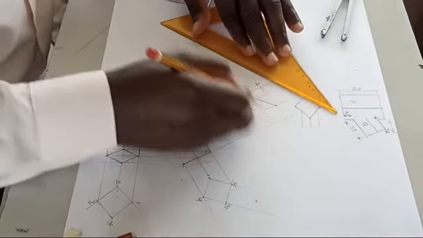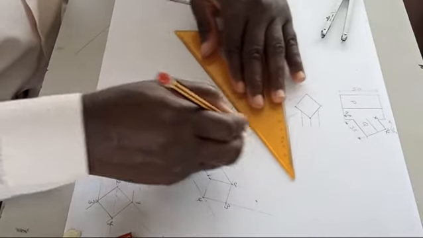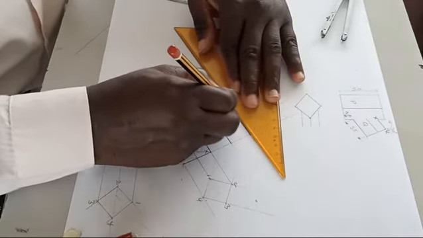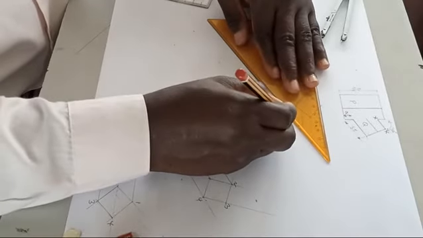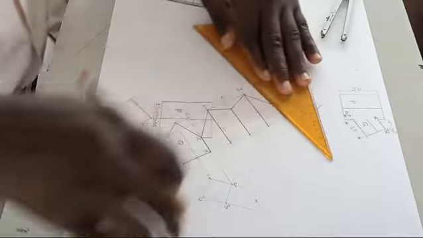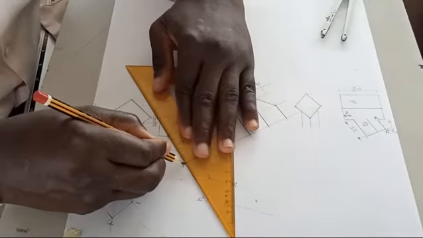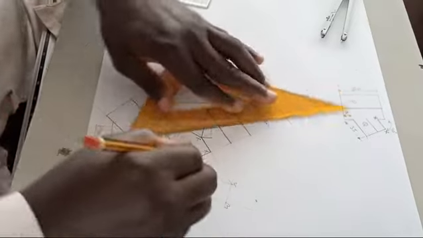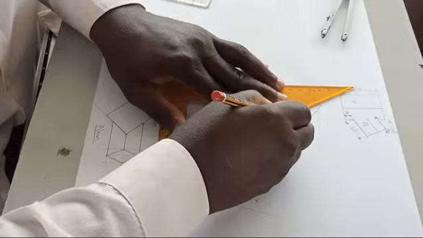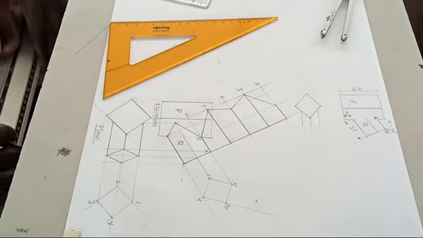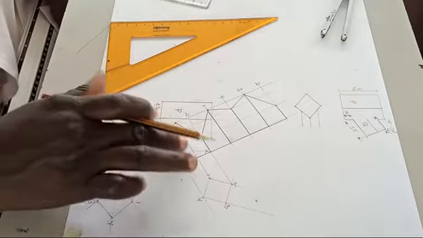All these lines, they are edges of the prism. Make everything thick. And the last one. So don't forget to thicken this one too. So now thicken the top. So that is the development of pipe Q.